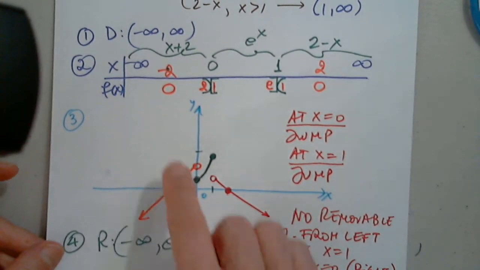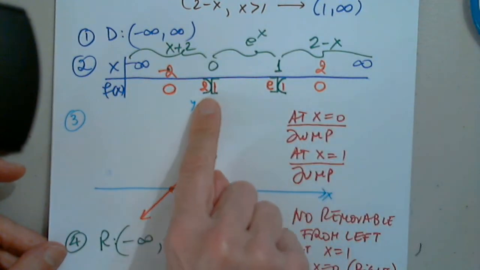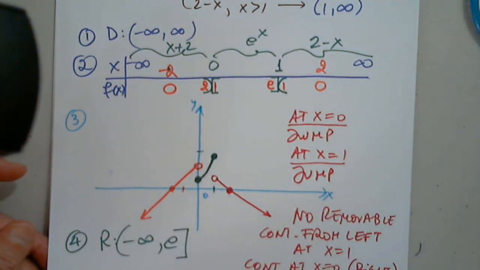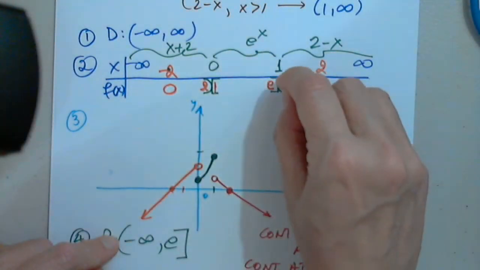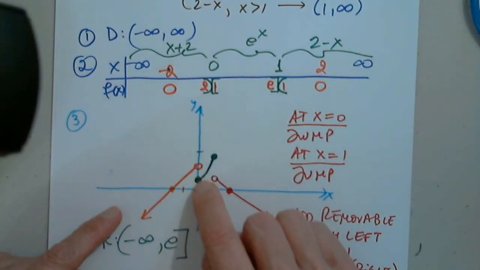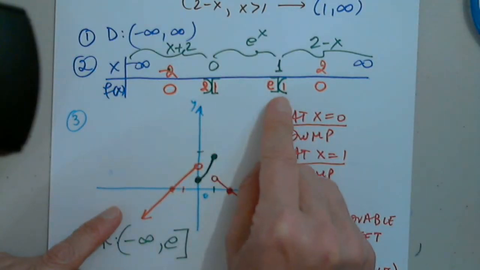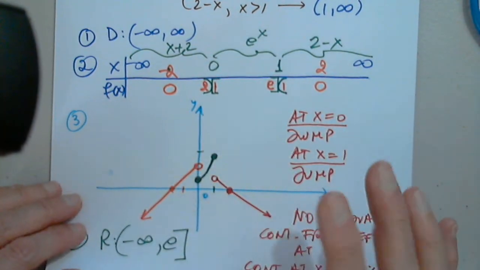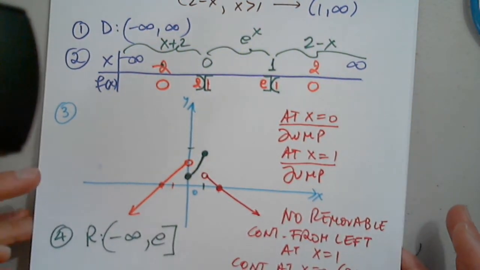But I already knew this from here, that this is a jump, this is a jump. The limit from the left, limit from the right, I have everything. The brackets are very important because the bracket is a full point. The parentheses are very important because the parentheses are an open point. So please stick with me with this table.